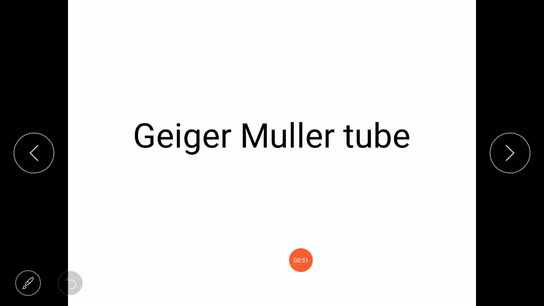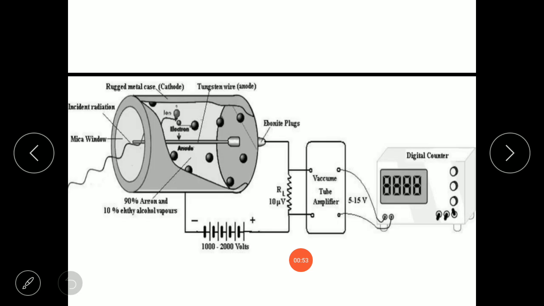So let me tell you the construction of the Geiger-Müller tube. It consists of a cathode, which is a metallic cylinder, and a fine wire running through the center of the cylinder, which is the anode.